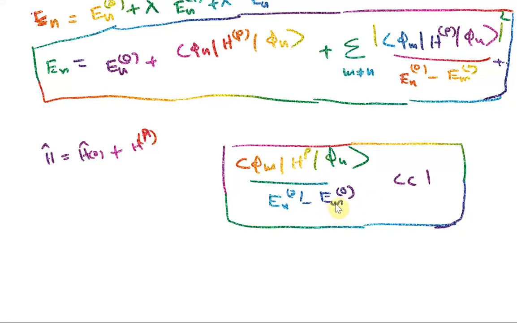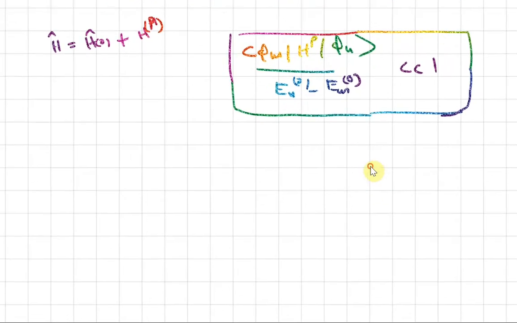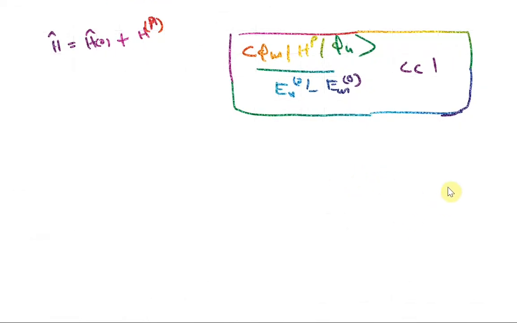So if there is degeneracy, the denominator is going to be equal to 0 whenever two states have the same energy value. That means the entire term goes to infinity and there is no convergence. So in that case we cannot apply this kind of expansion. That's why we specifically mention this is for the non-degenerate case. For the degenerate case we have to use a slightly modified form of this analysis.